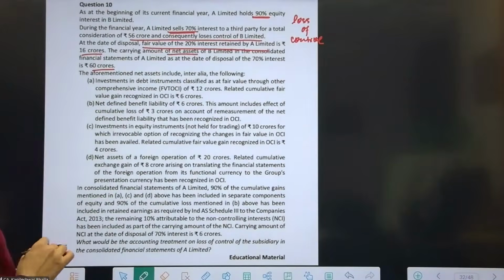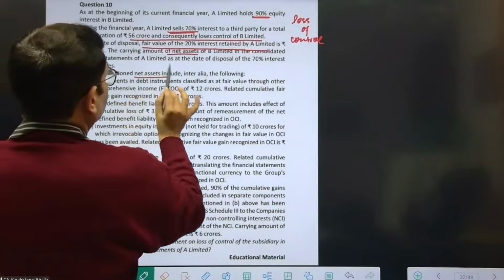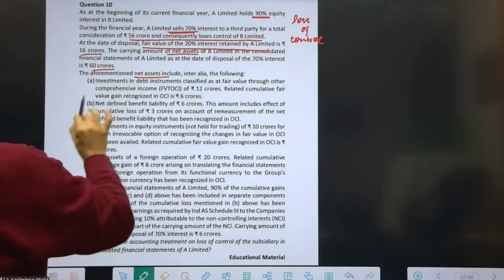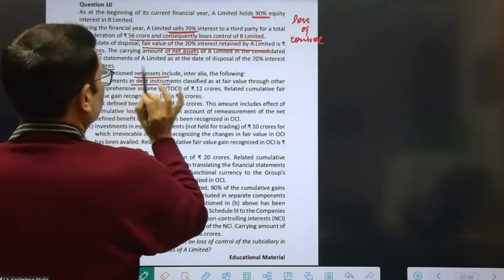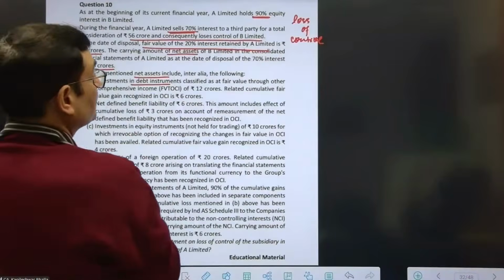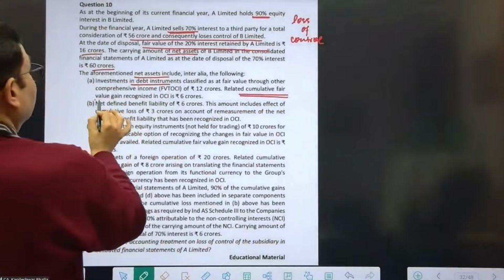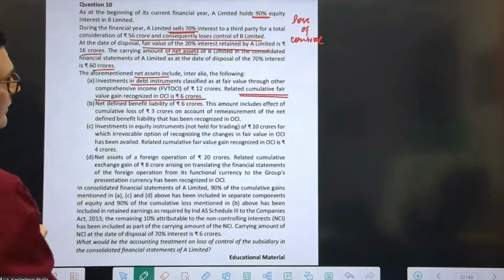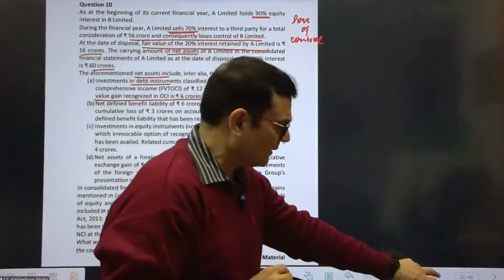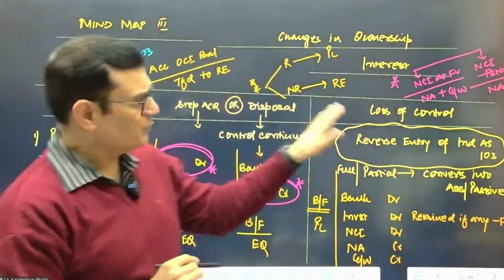But the interesting part is the ABCD. It says the aforementioned net assets include the following: investments in debt instruments classified as FVTOCI, that is 12 crores. Related cumulative fair value gain is 6 crores. Now, by the way, which case is this one? Is it 1, 2, or 3?